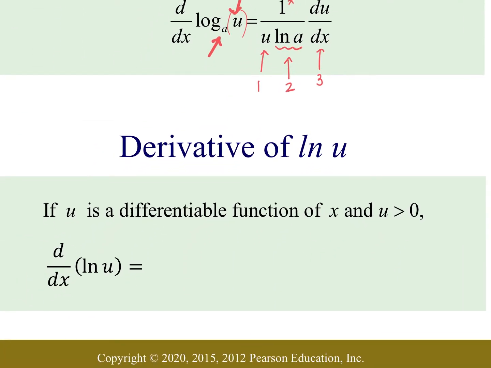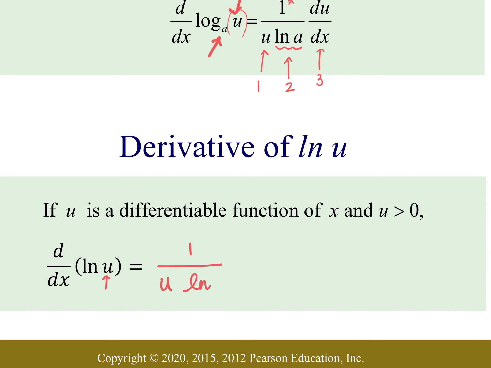So let's try that here with the natural log of u. Part number 1, we start with a numerator of 1. We're going to put u down here because that was what the logarithm is of.